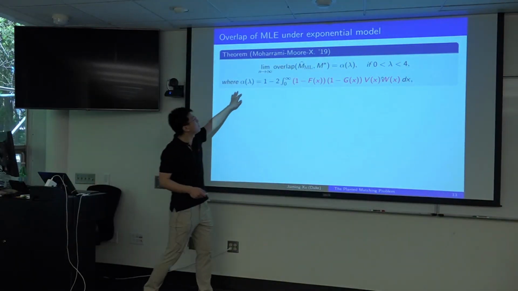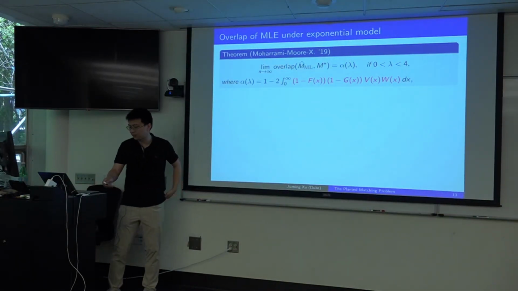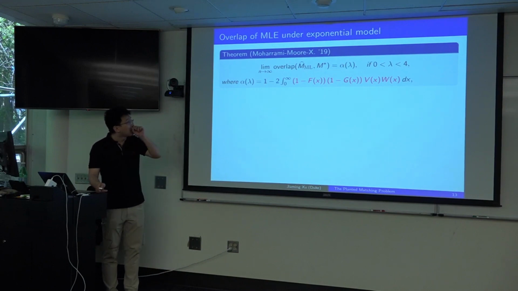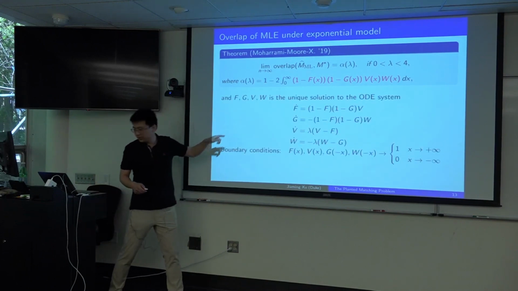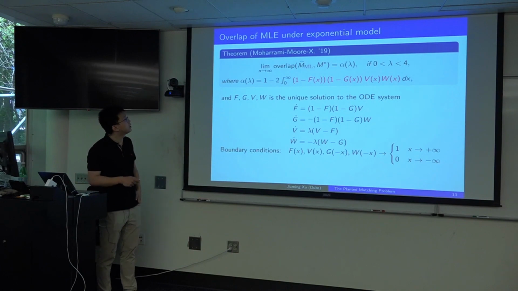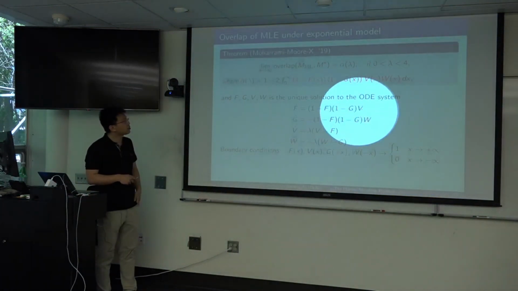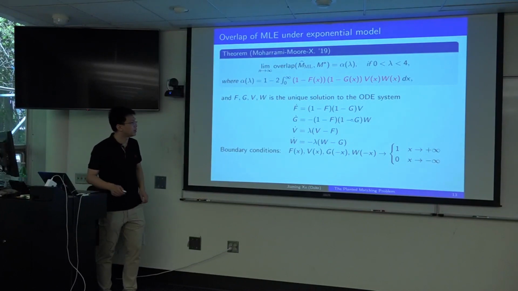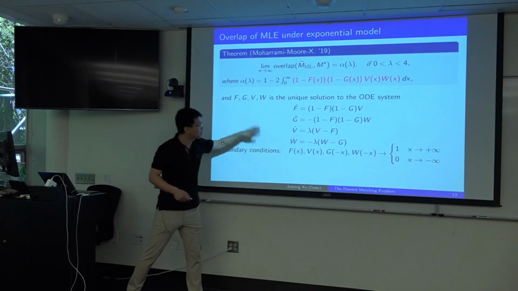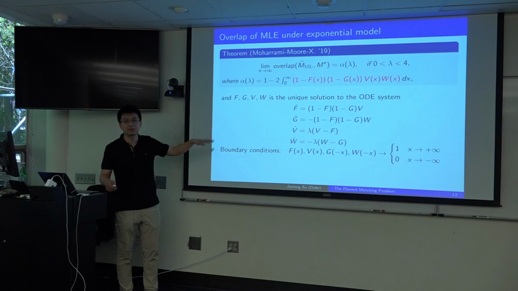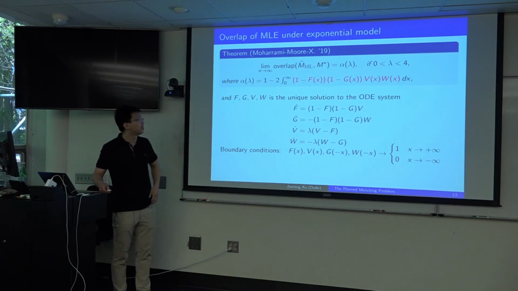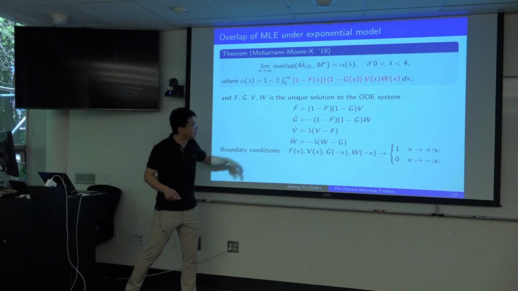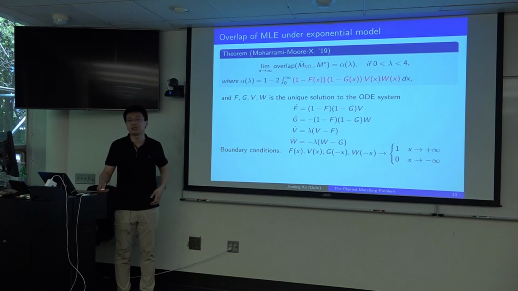And this alpha of lambda is given by this integral form. It turns out that this FGVW, which I'm going to explain later, is the unique solution to this system of 4 ODEs. Don't stare too hard on this, because later I'm going to show you where this comes from. This FGVW are basically some CDF functions, or complementary CDF functions.